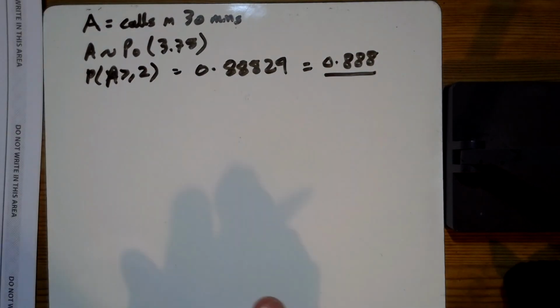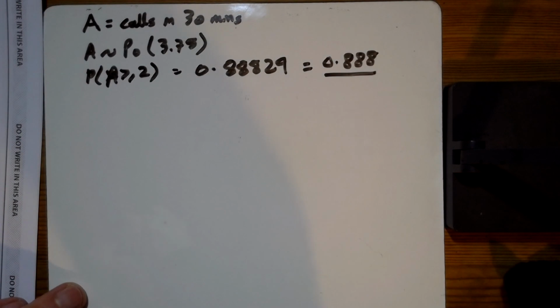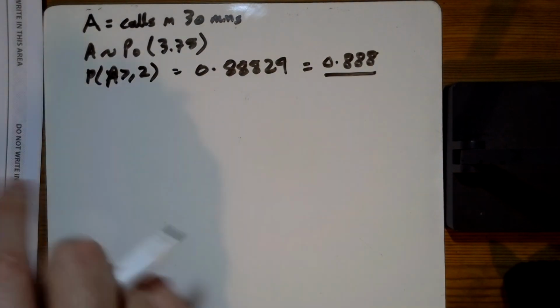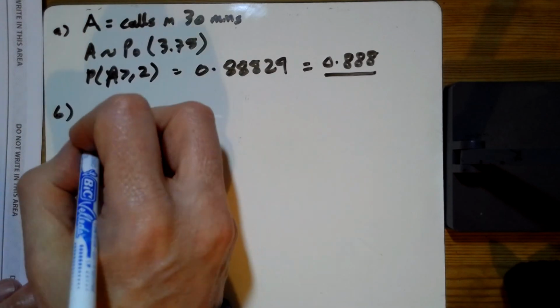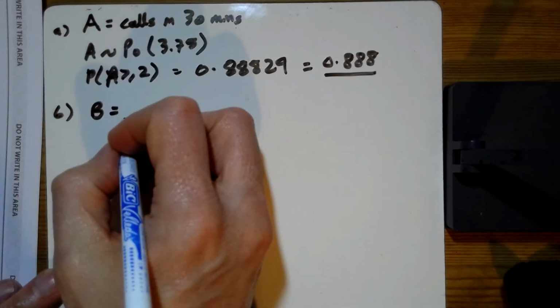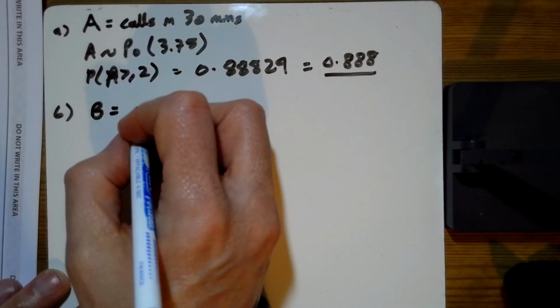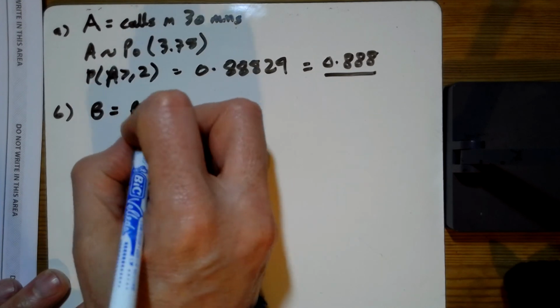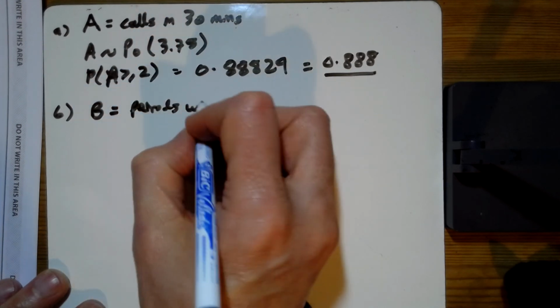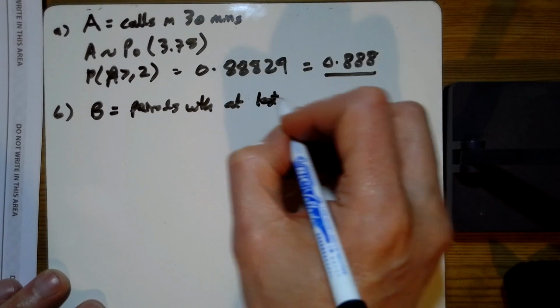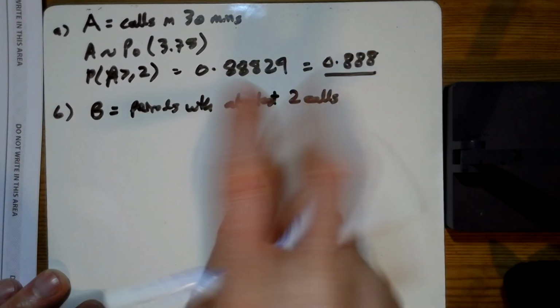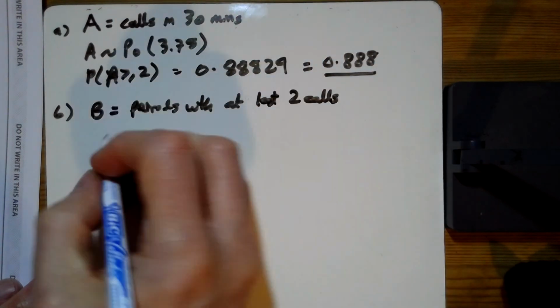Part B, calculate the probability that at least two calls are arranged in fewer than 4 out of... Okay, so this is linking into a binomial, isn't it? So let's say B equals the periods with at least 2 calls. And we've just done the probability of that, that was that one there, isn't it?